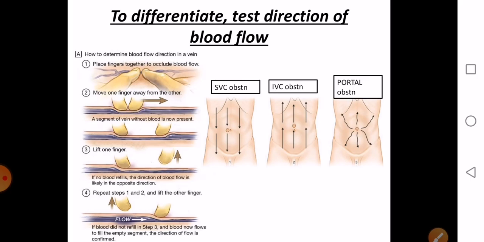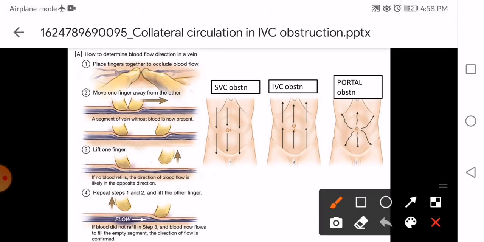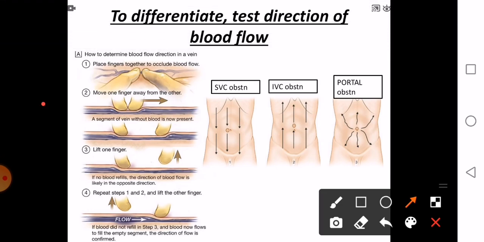For that we have to check the direction of blood flow. The first thing to do is see the vein and empty the vein. Empty the vein using both fingers. Once a segment of vein is empty, you lift one finger and see if it is filling up and the direction of it filling.